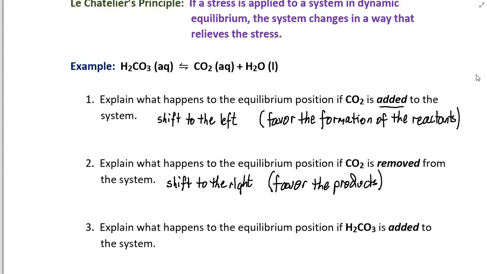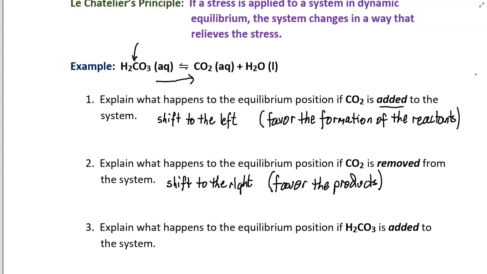Number 3, explain what happens to the equilibrium position if H2CO3 is added to the system. So if more of this is added, the system will respond by using up the extra H2CO3. It's used up when the forward reaction occurs, creating the CO2 and H2O.